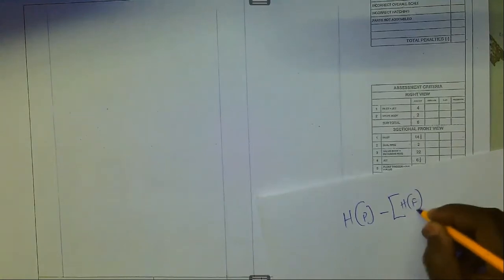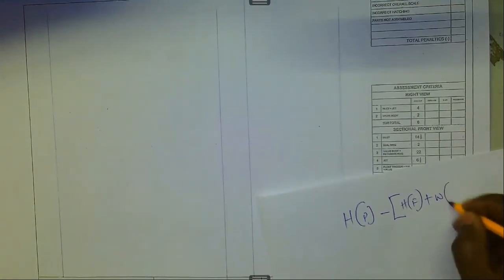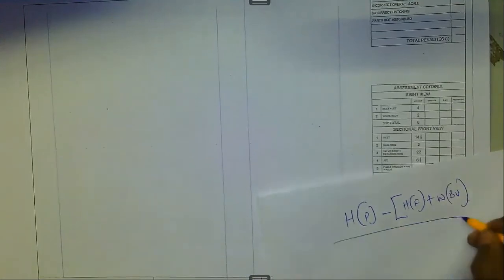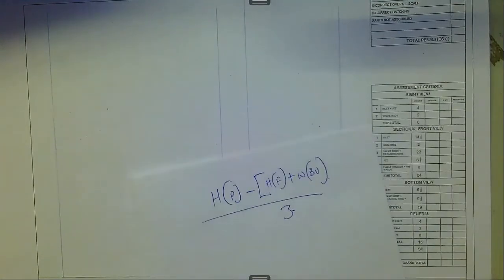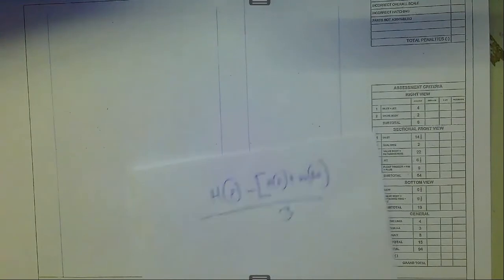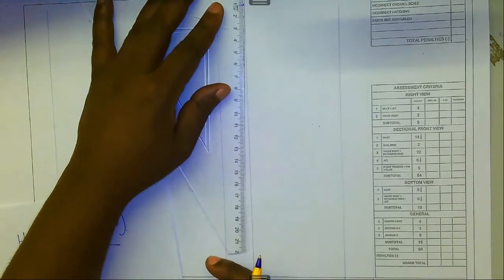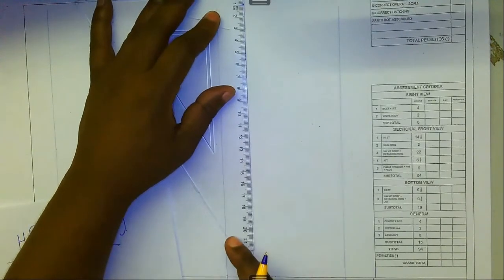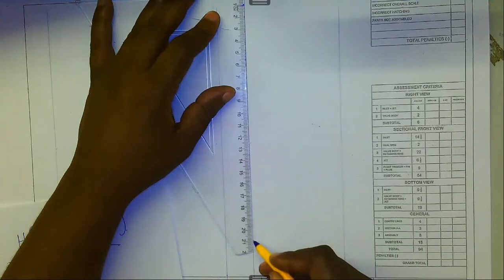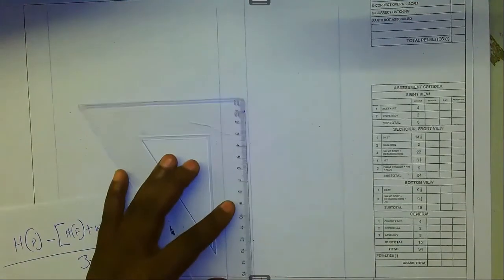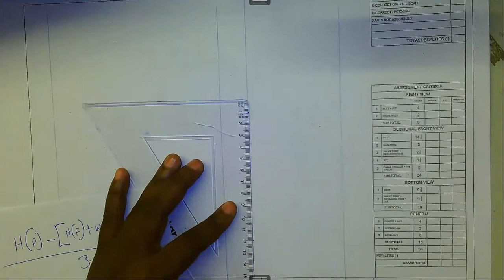So we are going to say height of paper minus the height of the front view plus the width of the bottom view, everything divided by 3. But let's look at the size of the paper from top to bottom. We've got 210. That's 32.